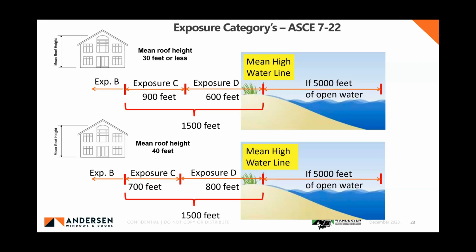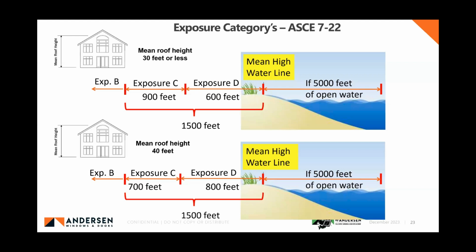Like for this example, for a mean roof height of 30 feet and less, exposure D would apply in the first 600 feet. And then maybe you have a lot of trees and a lot of other buildings, which looks like exposure category C, but you can't immediately qualify for exposure B because you don't have the 1,500 feet.